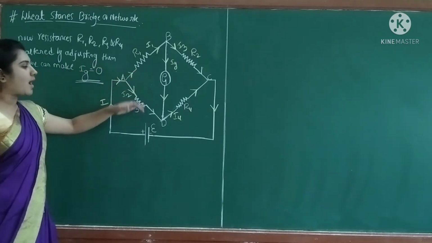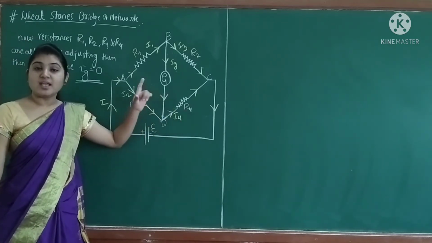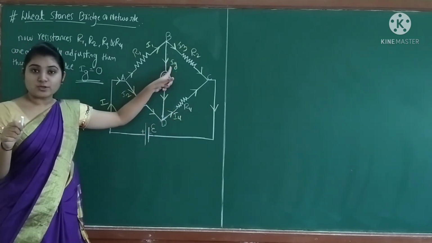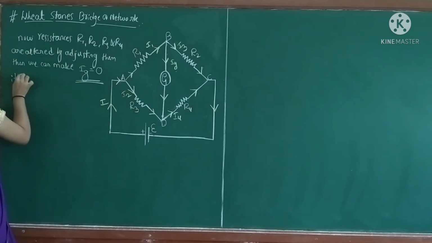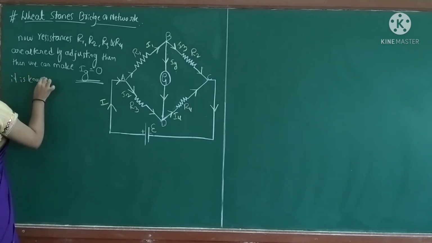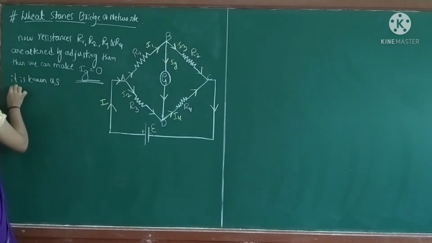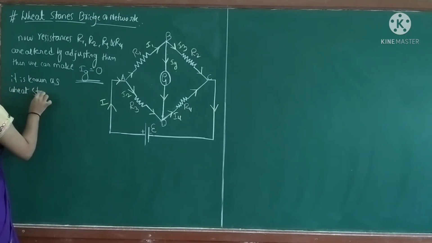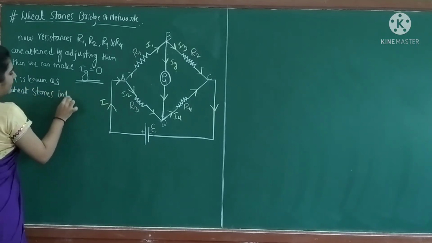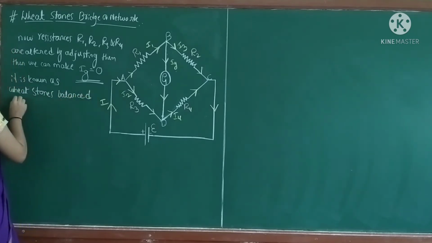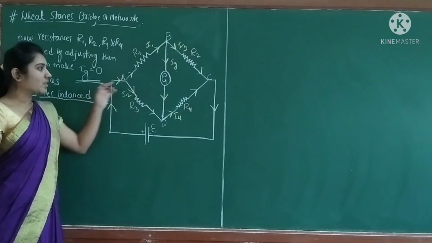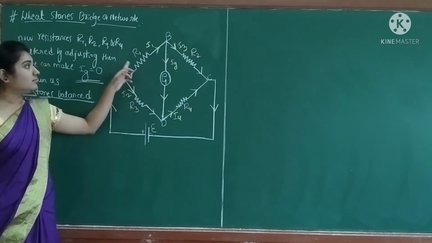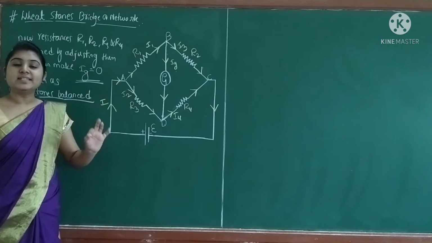We adjust R1, R2, R3 and R4, and because of that the current Ig becomes 0. This is known as Wheatstone's balanced condition. So this is the condition for the working of the Wheatstone's bridge.